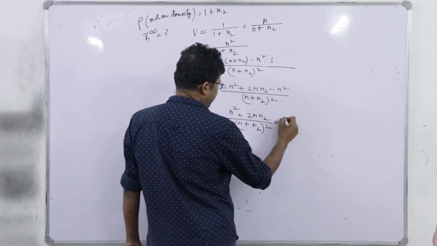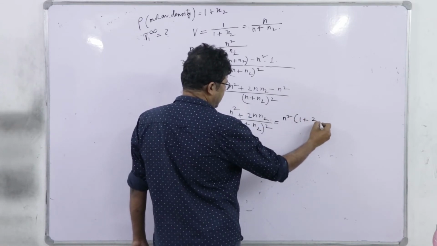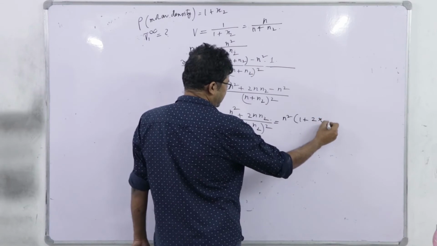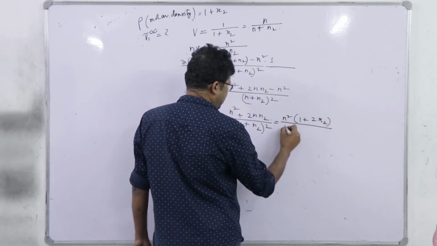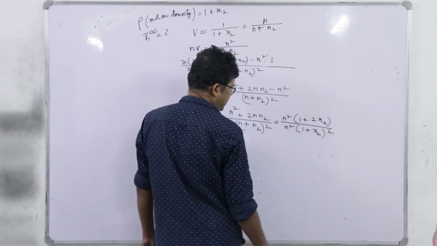See, basically, if I take n square common, 1 plus 2 n2 divided by n, so it is x2, and here if I take n square common, 1 plus x2 whole square, right.